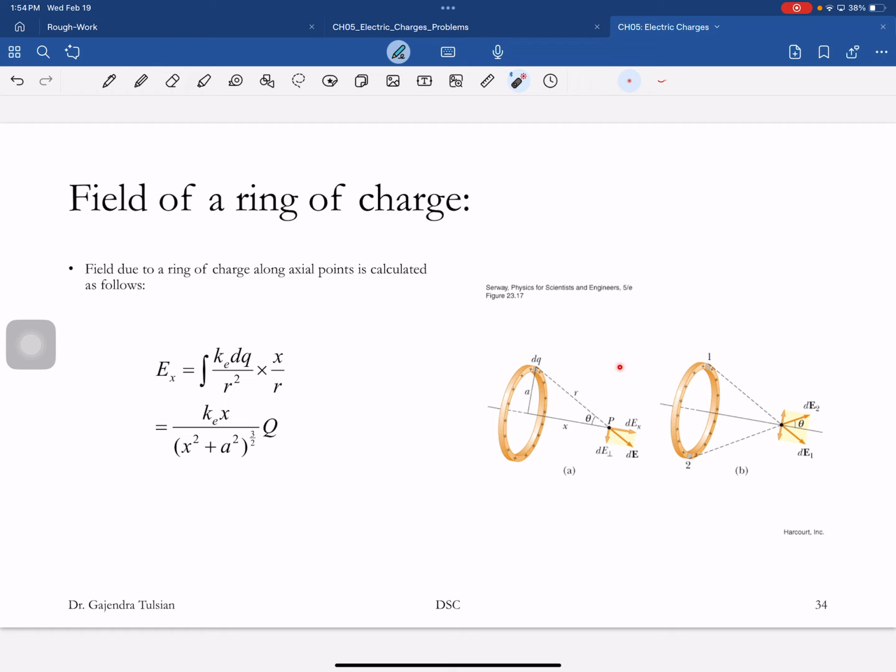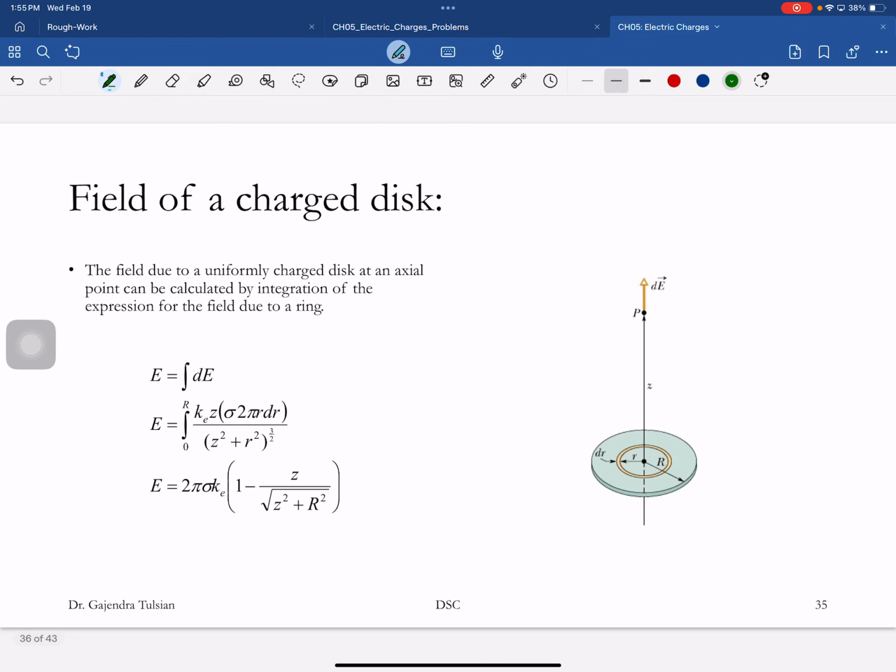We can't give you an expression for any other points. Along the axial points, the electric field involves the total charge on the ring, k, x, which is how far you are from the center of the ring, and a, the radius of the ring. There's the expression for the electric field along the axis. There are all these other points where we can't give you the electric field. We can give you an integral, an impossible integral to calculate, but that's about it.